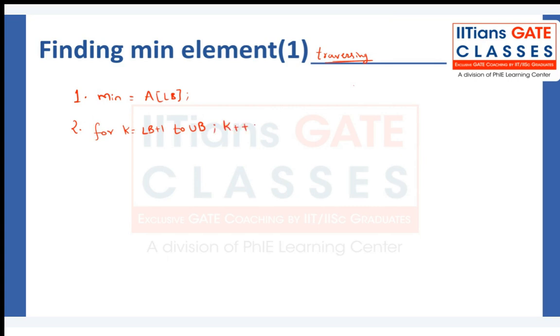In every step of the for loop, I check if the element at the kth position is less than my minimum. And if it is, then I'll assign the minimum to A of k. In the third step, once the for loop concludes, I'll return the minimum element.